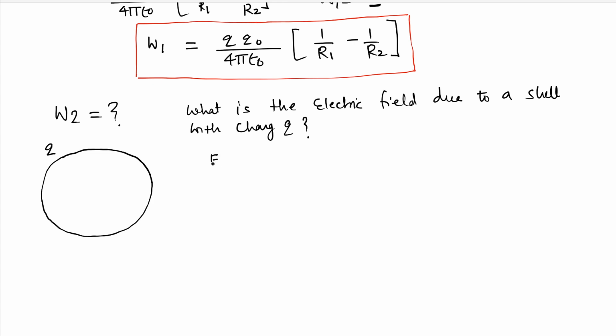We covered that part, it is given by sigma by epsilon naught, where sigma is the charge density. This is the electric field at any point outside the conductor, and inside, the electric field will be 0.